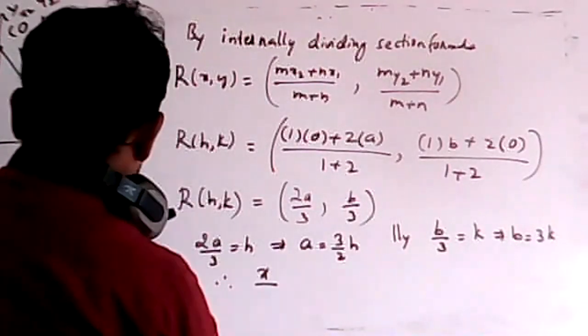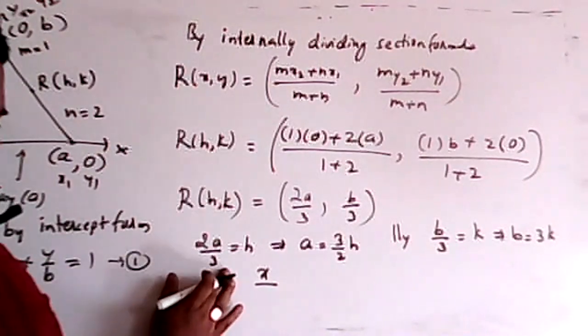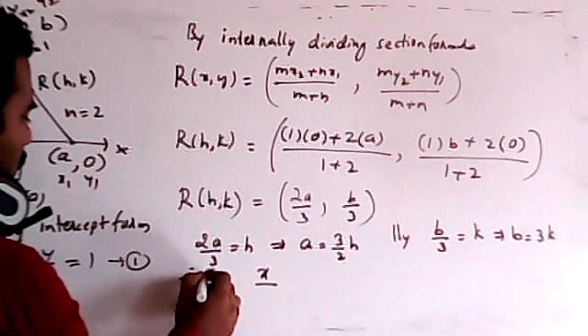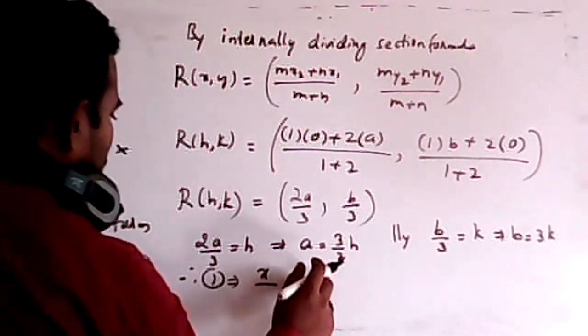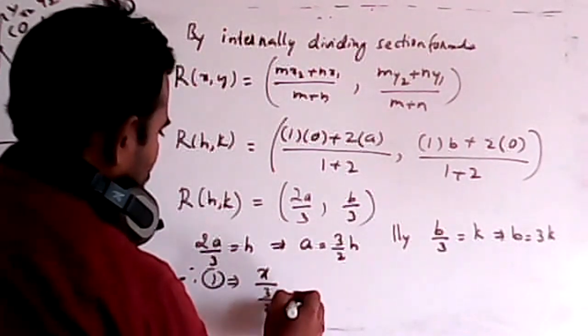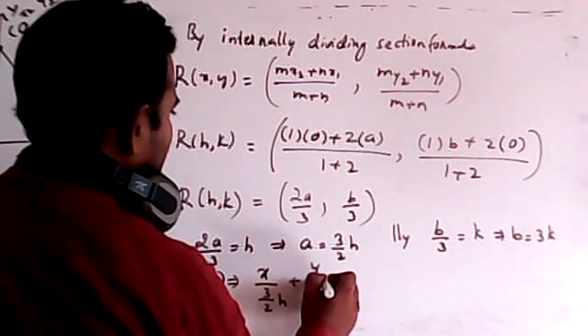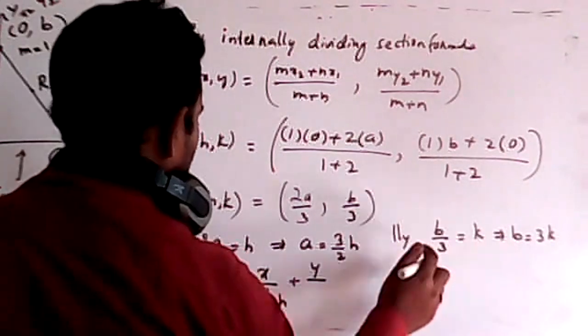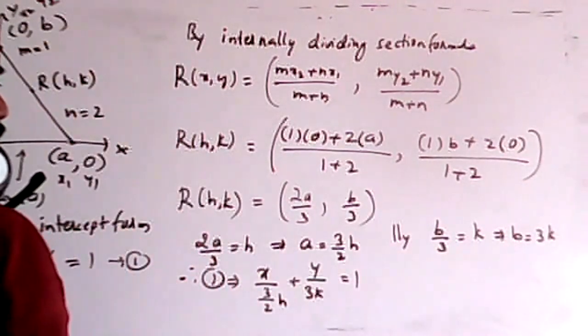Therefore, by the formula, let me call this 1. Then 1 implies x by a, a means 3 by 2 h, plus y by b, b means 3 times k.